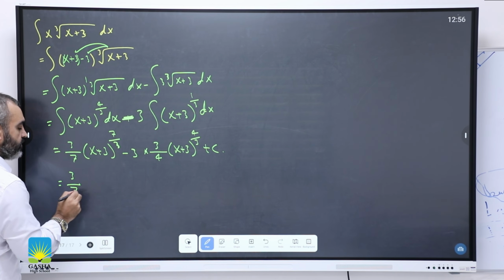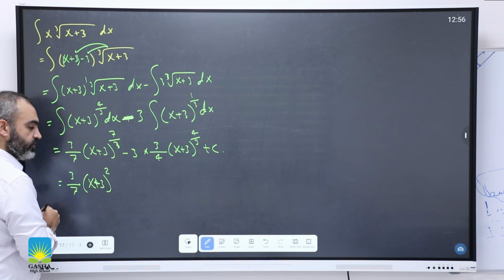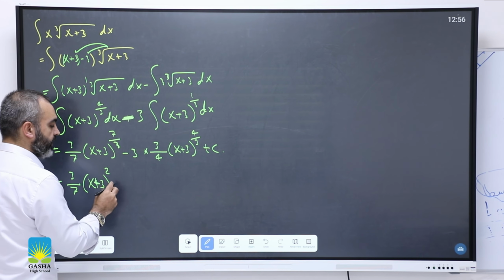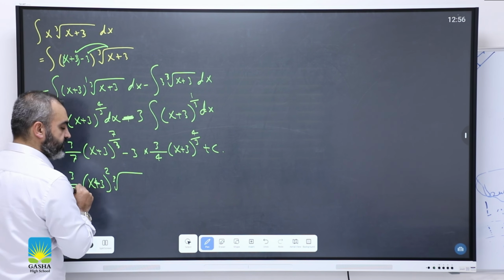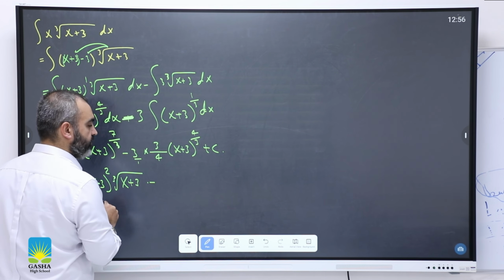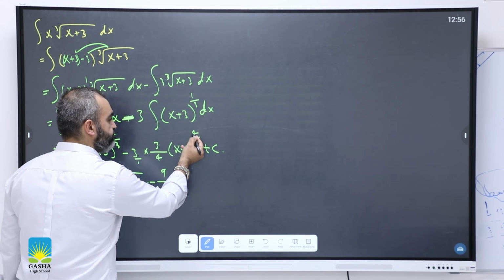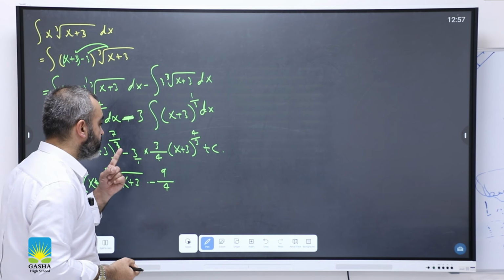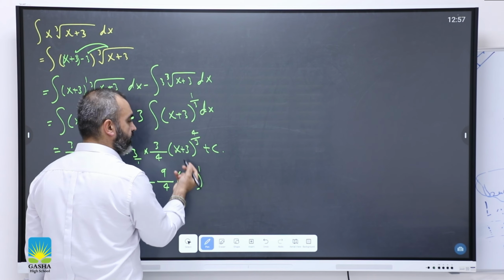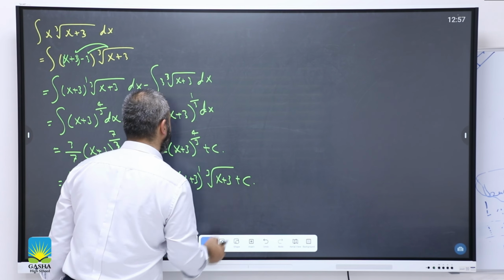So 3 over 7 times (x plus 3) to the power of 2, because 7 divided by 3 is 2; the 2 becomes the power of the bracket and the remainder 1 stays under the root. So this is the cubic root of x plus 3, minus 3 times 3, 9 over 4, and 4 divided by 3 is 1, so we have the bracket outside the root and the remainder is 1. So this is the cubic root of x plus 3, plus c.